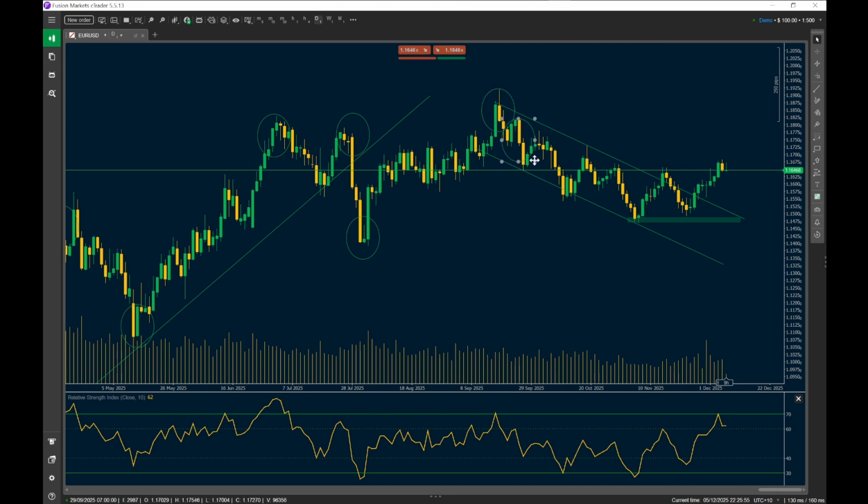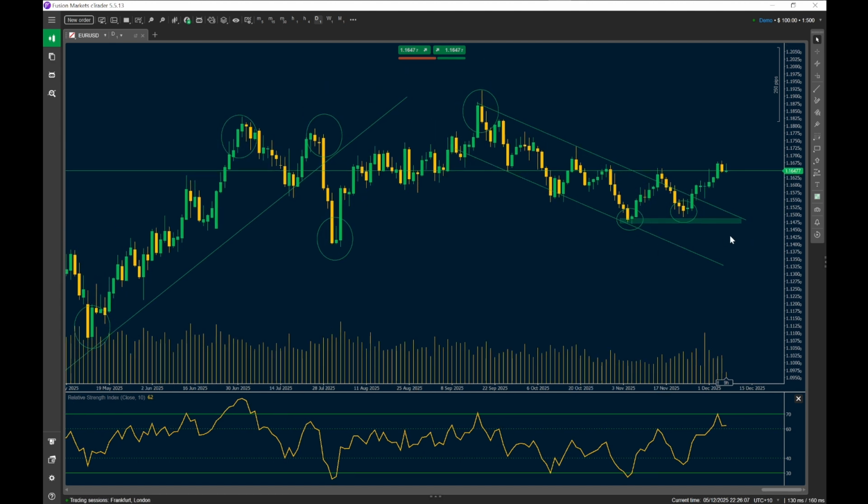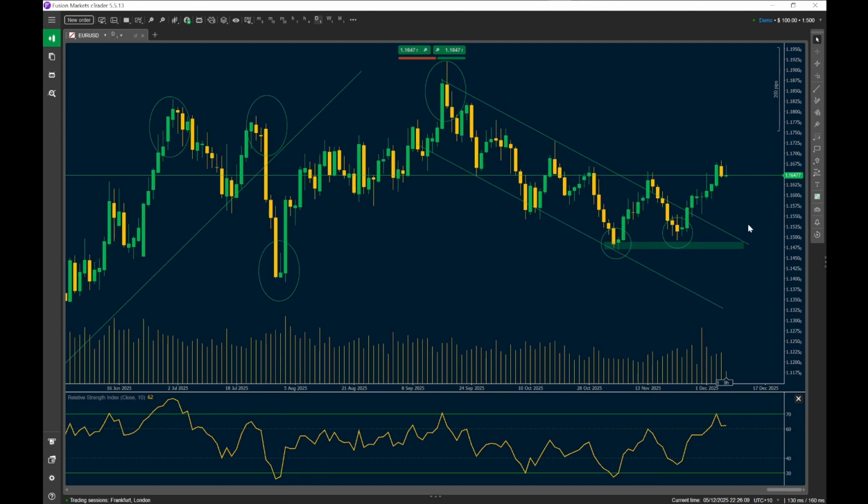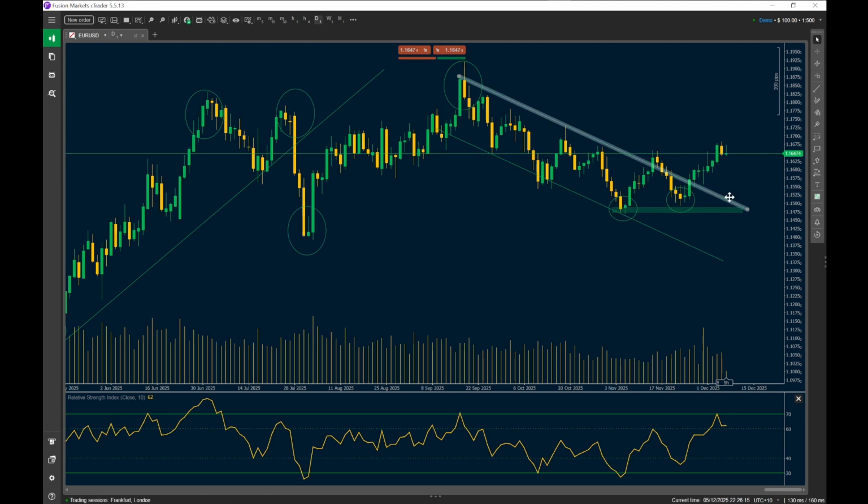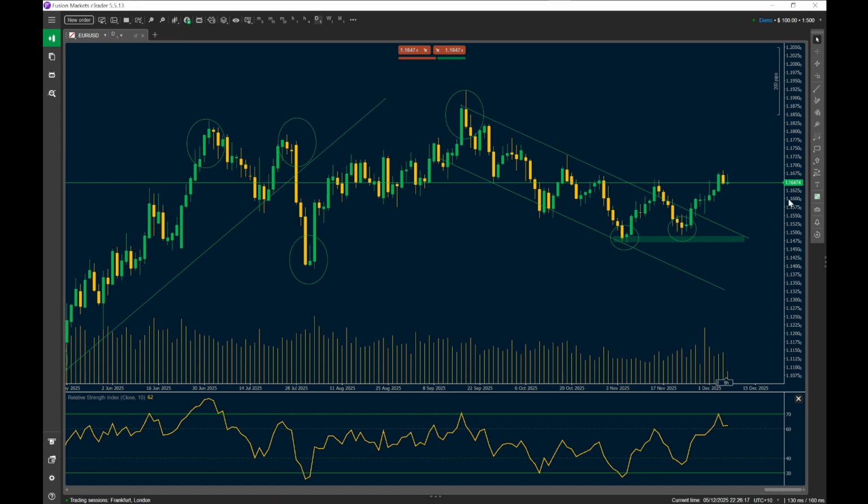Then you look, price turned and moved up and made this one low. We have this one low here, and this low is higher than this. So in my mind that means there are not enough sellers in the market, so buyers are in charge. So the trend might continue again.